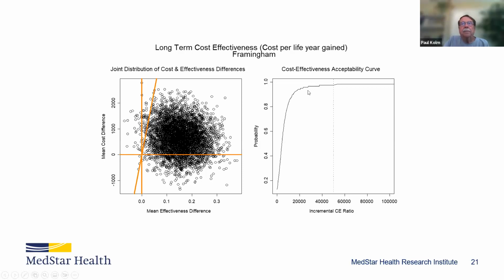And here, usually the dotted vertical line represents the $50,000 willingness to pay threshold. So we can see that in this case our cost effectiveness in terms of cost per life year gained is really pretty good.